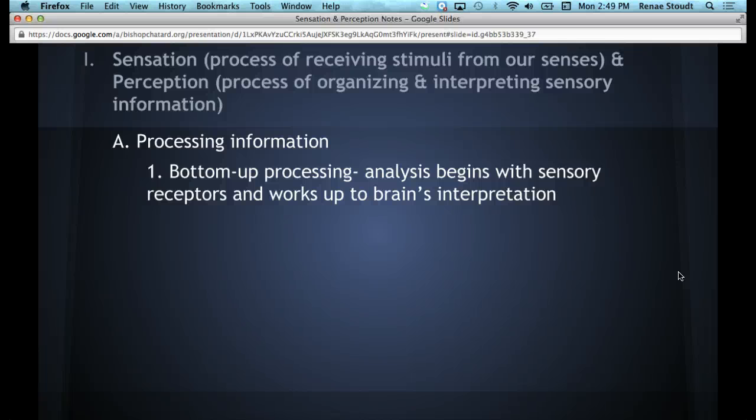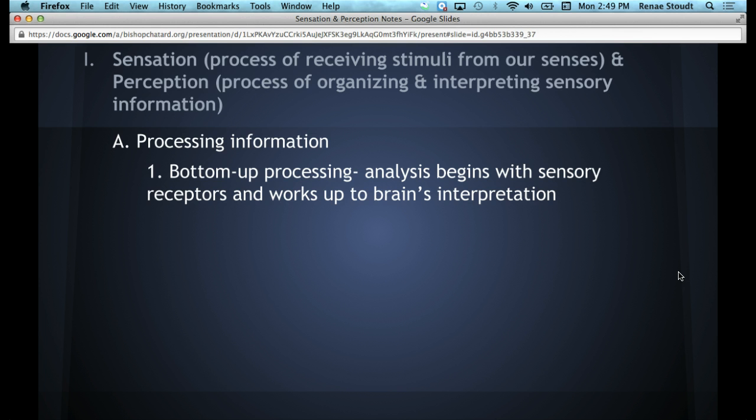So you take all of the information that you're gathering from your senses, your sense of touch and smell and taste and sight, and then you go and make some sort of interpretation, an explanation of it. So you're going to take your sensory information and it's going to work up to your brain for interpretation.